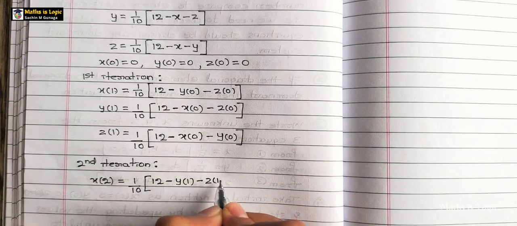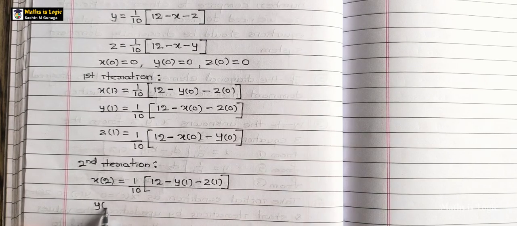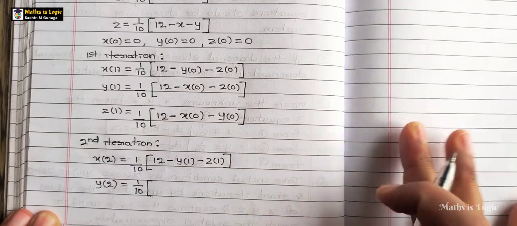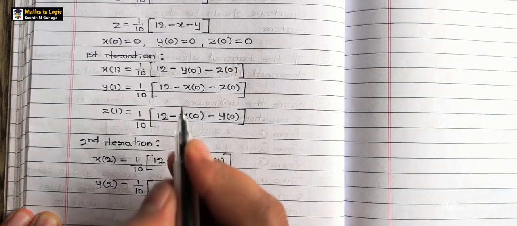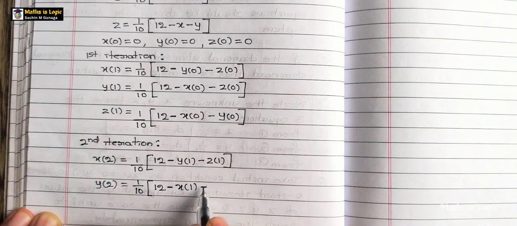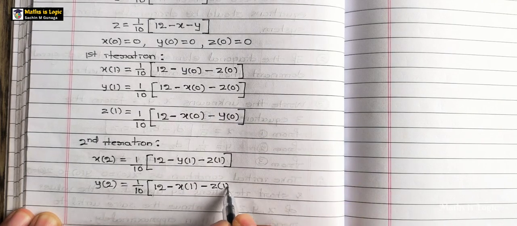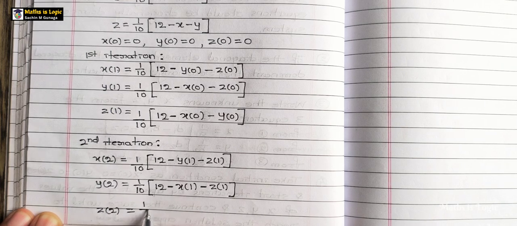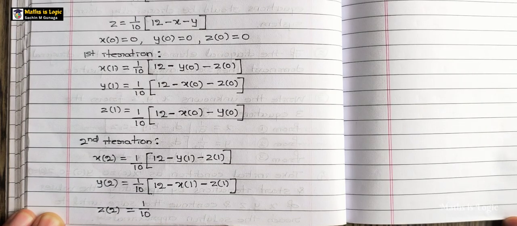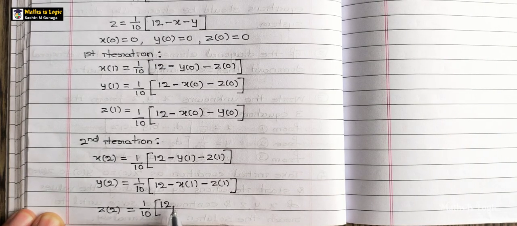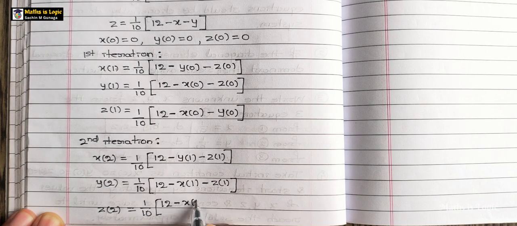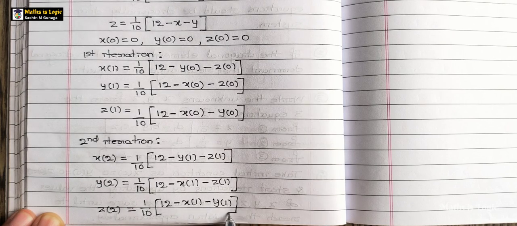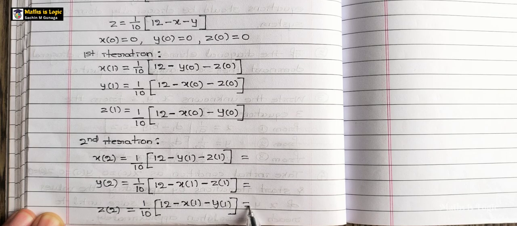So minus z1. Next y2 is equal to 1 divided by 10 into bracket 12 minus x1 minus z1. Next, z2 is equal to 1 divided by 10 into bracket 12 minus x1 minus y1. Correct. So this is the second iteration.